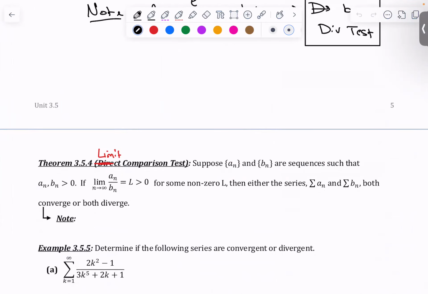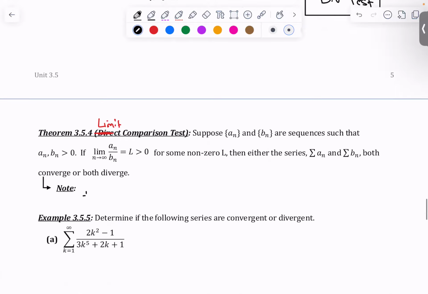If the limit as n approaches infinity of a_n over b_n equals a finite number that is non-zero, then either both series converge or both series diverge. Note, if the limit as n approaches positive infinity of a_n over b_n equals 0 or does not exist, the test is inconclusive.